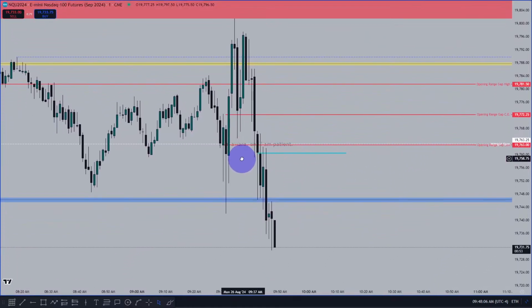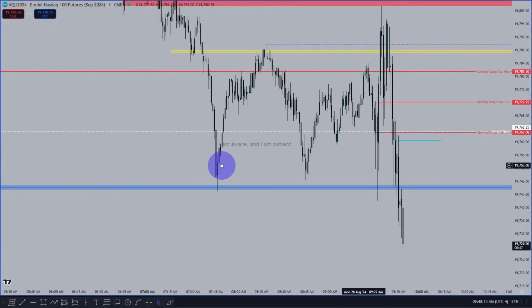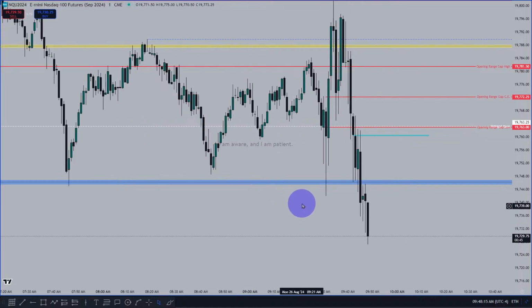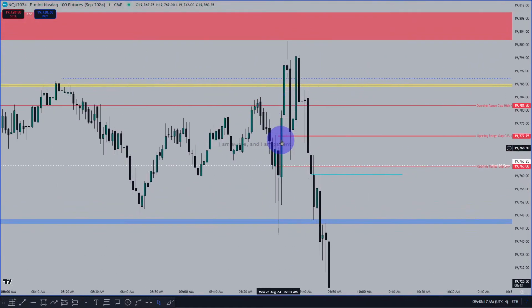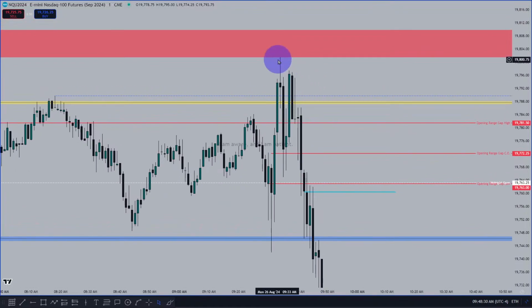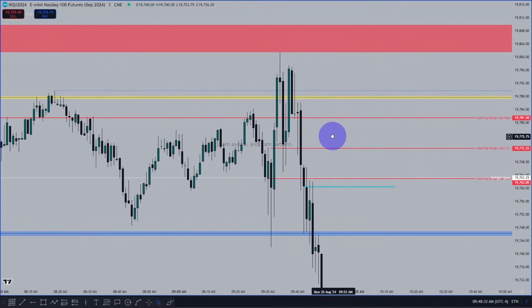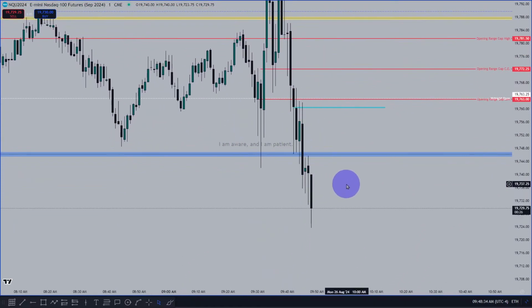So I want to go over what 9:30 did exactly. So we opened here, closed high, had another candle that went down lower and swept that liquidity here, and then that gave us that big run higher into the opening range gap, filling it, and then taking out this liquidity here at 8:18 a.m. at 790, and we had that drop lower, top of that negation block, reached the body, and then had that big run lower.